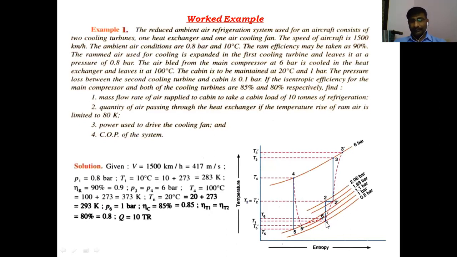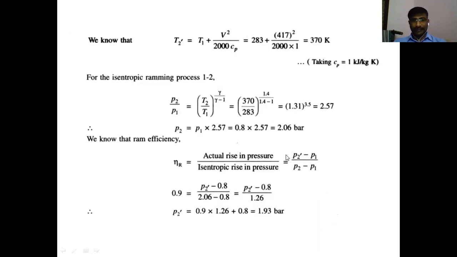This is the formula for the ram efficiency, which is given as 90%. P2 dash is the pressure of the actual compression in the diffuser. P1 is 0.8, the given ambient air pressure, and P2 is 2.06 bars. Then on substitution of all the parameters, how much is P2 dash?